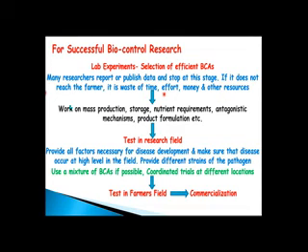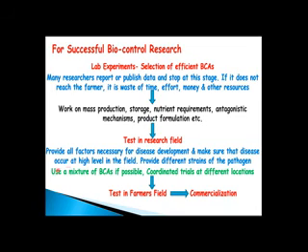So it is better to work further on mass production of BCAs, storage requirements, nutrient requirements, antagonistic mechanisms, product formulation, etc. And test in research fields, provide all that is necessary for disease development and make sure that disease occurs at a high level in the field.